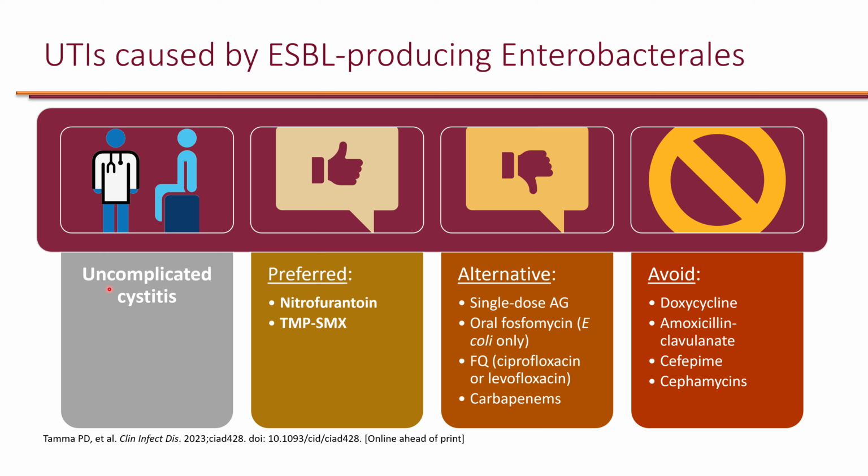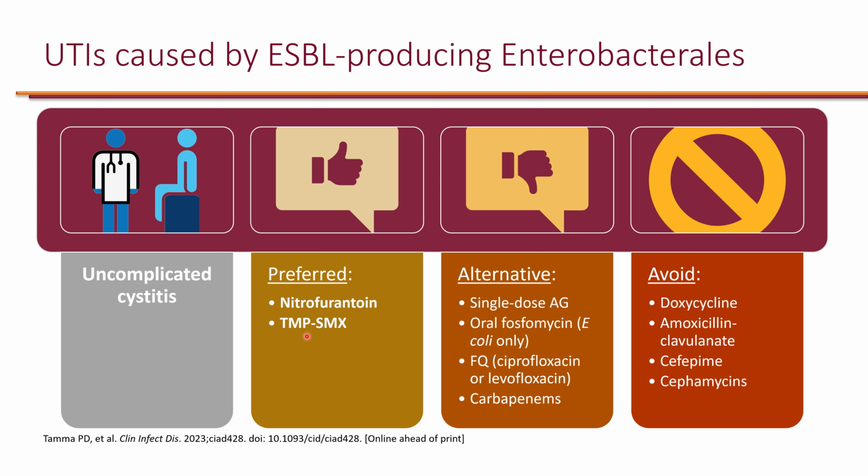So when it comes to uncomplicated cystitis, for ESBL UTIs, the preferred agents are still nitrofurantoin and trimethoprim-sulfamethoxazole, assuming that the ESBL producing organism is susceptible to nitrofurantoin and trimethoprim-sulfamethoxazole on urine culture. So you do need to have urine cultures, first of all, to confirm that this is ESBL, but also if it happens to be susceptible, then these are the treatments of choice.